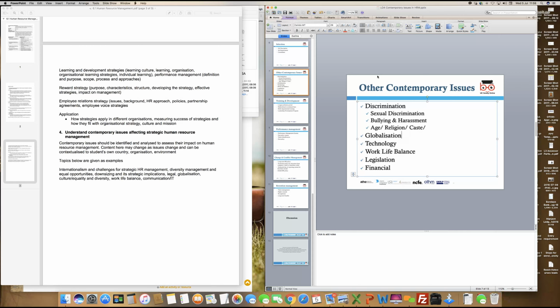Okay, so equality and diversity and globalization is one of the major contemporary issues and challenges with the HR face, because a lot of organizations today have workforce which are coming from different countries. They have operation in different countries.